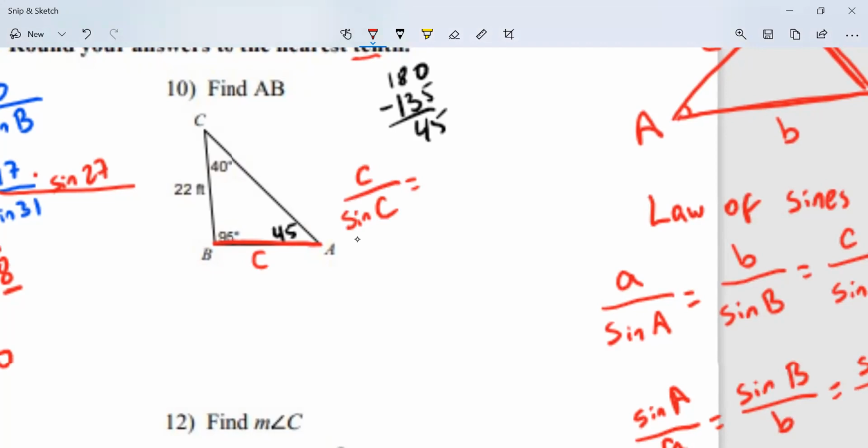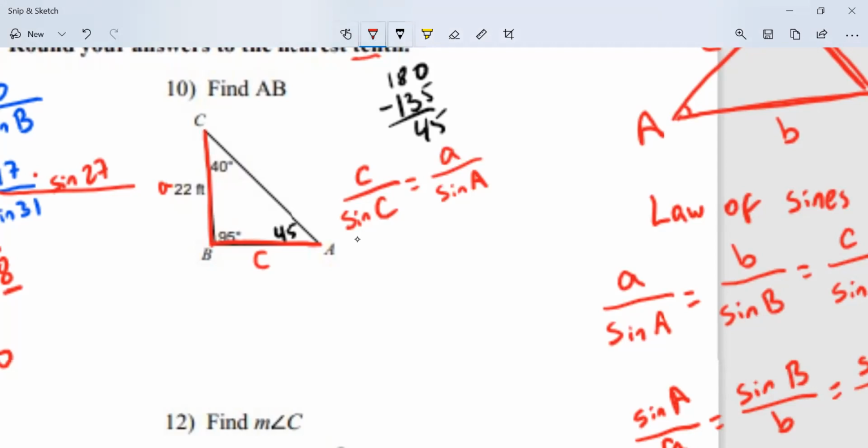In this case, I know side A. Side A is 22. So I'm going to use side A over sine of A, and then replace the values that we know.